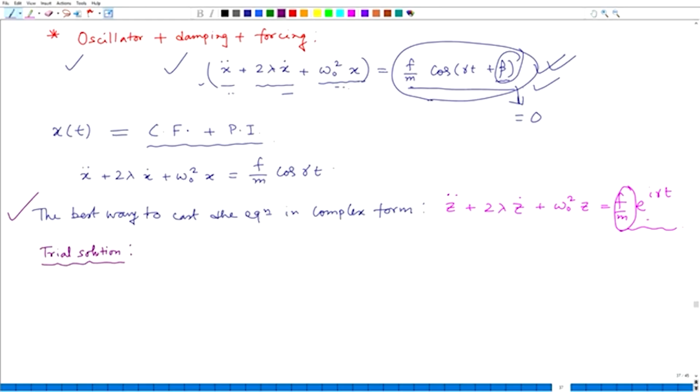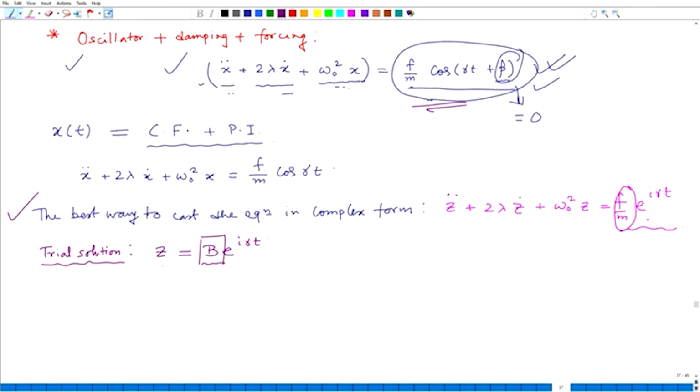Then we just try this solution and see what happens. z is equal to B times e to the power i gamma t, and this B is not necessarily real. So, although I can make the force have 0 initial phase, the displacement can have some initial phase, and that possibility I want to keep alive here by keeping B as a complex amplitude.